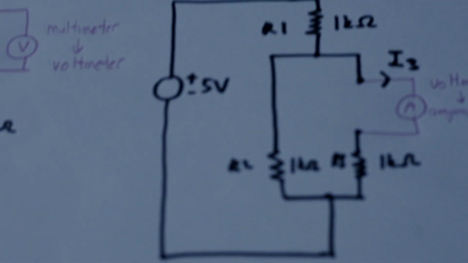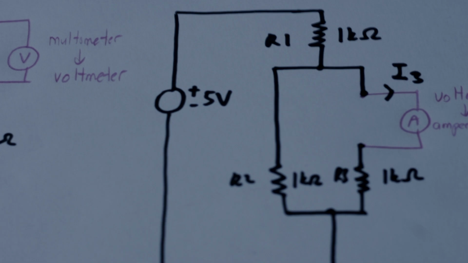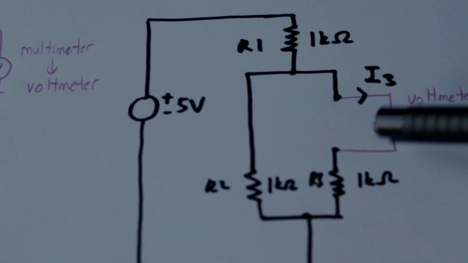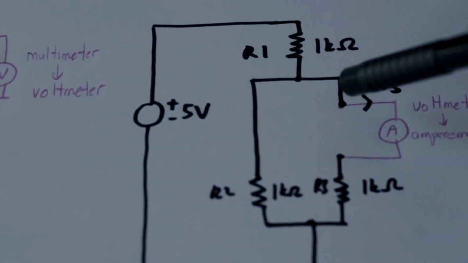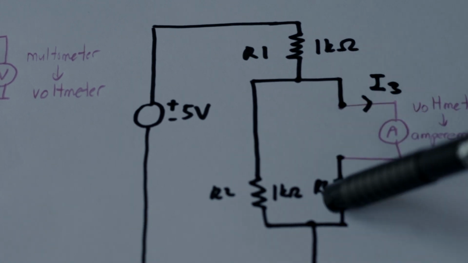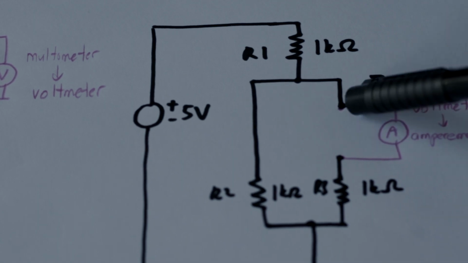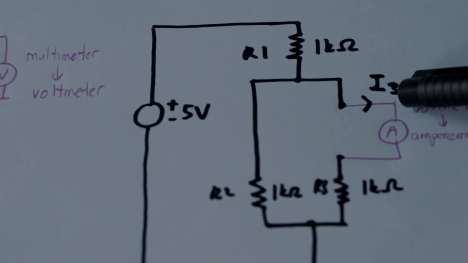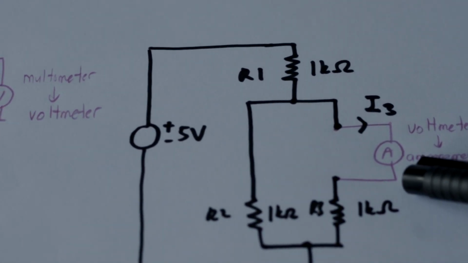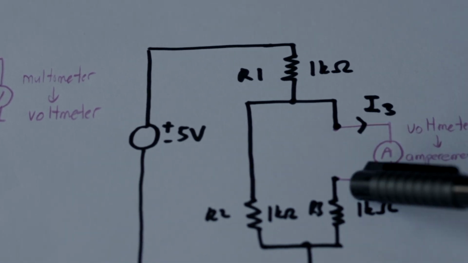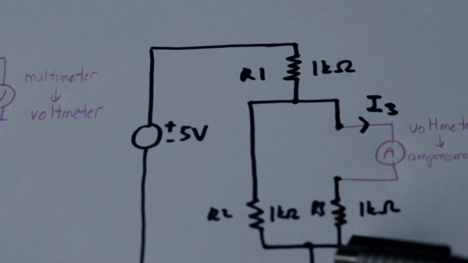As you remember, current is not an across variable, it's a through variable. So basically, if I want to measure the current through R3, then my measuring instrument should be in series with R3, with the component, so that the incoming current I3 passes through the ampere meter, gets measured, and then the same current passes through R3, okay?